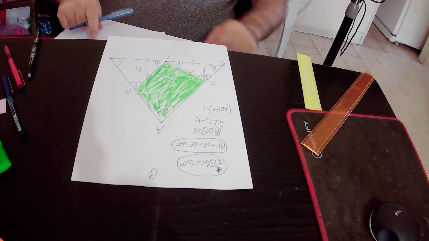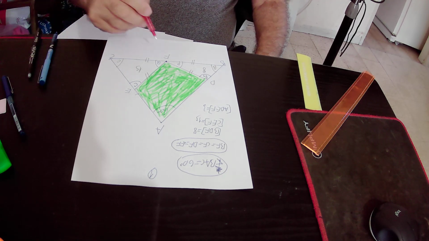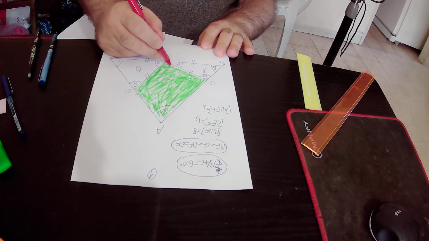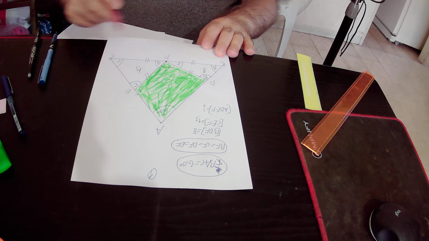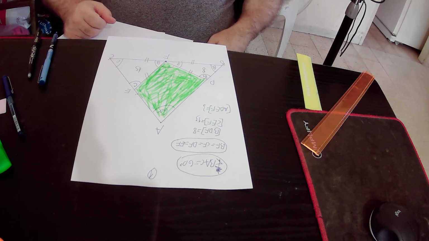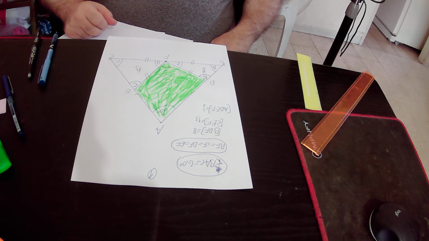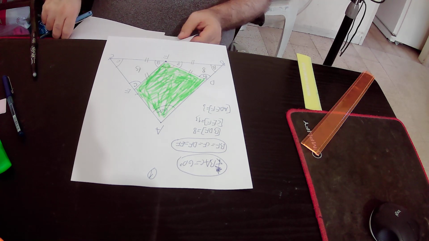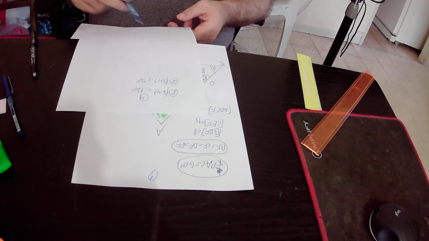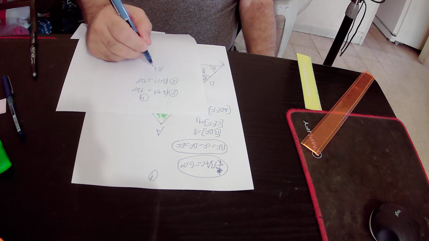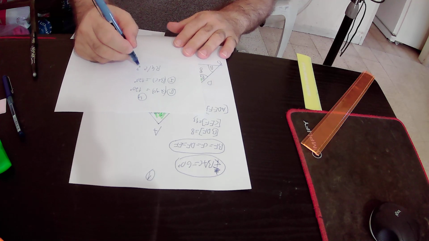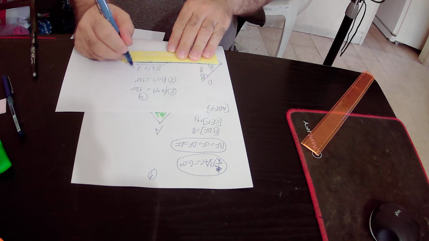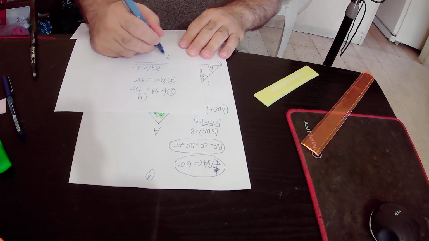In the next step, we will find out the size of angle DFE. We will find out the size of this angle according to rule number 2, that states that the sum of the angles on a straight line is equal to 180 degrees.